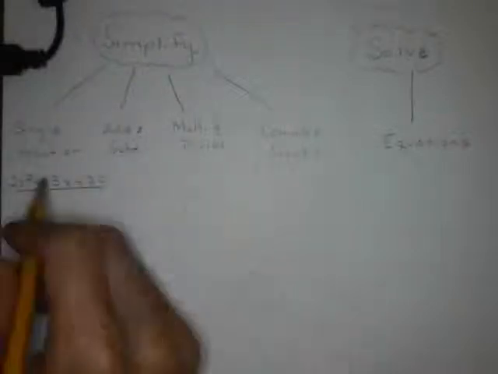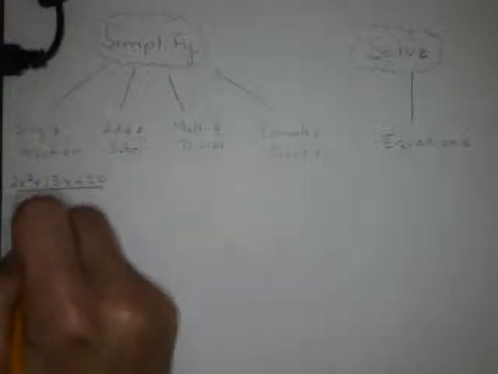The first one is when you have a single fraction. An example of this could be if you had the trinomial 2x squared plus 13x plus 20 over 2x squared plus 17x plus 30.